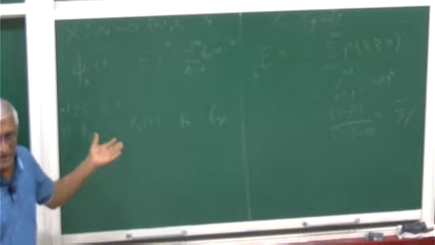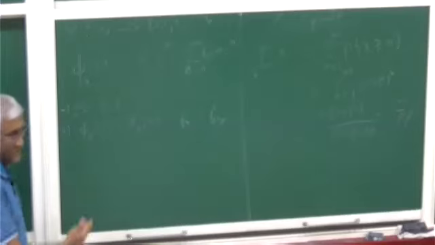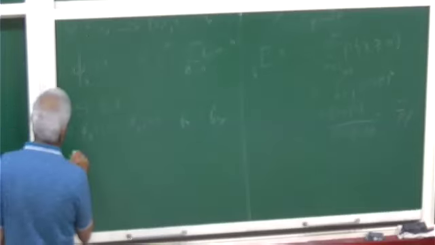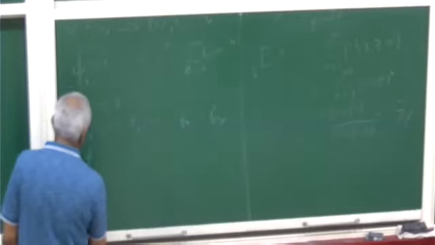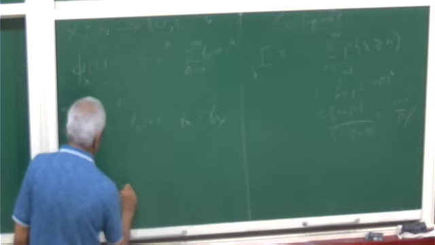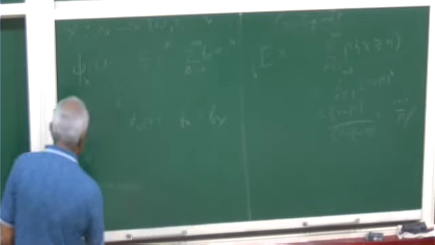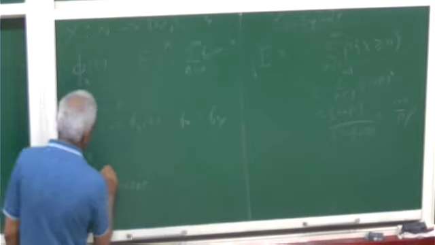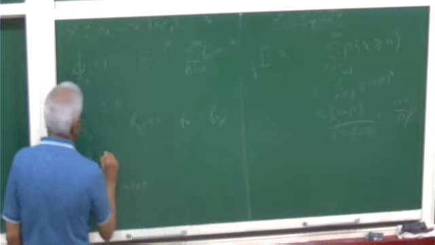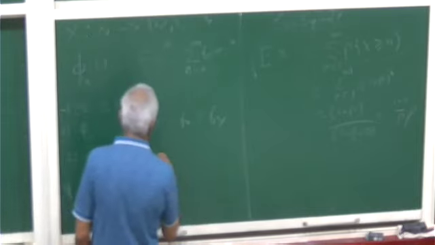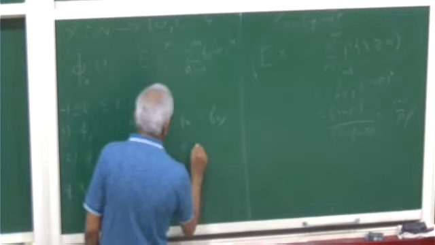This is by differentiating, equating, and evaluating at 0. We did it last time. Then we proved that if X and Y are independent, then the moment generating function of the sum is the product of the two. These two we proved in the last class.